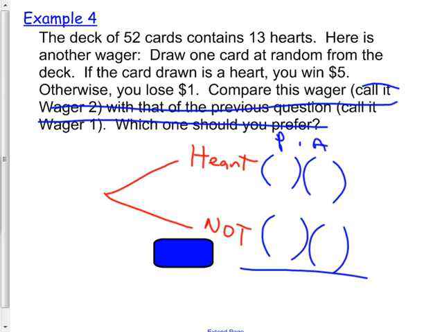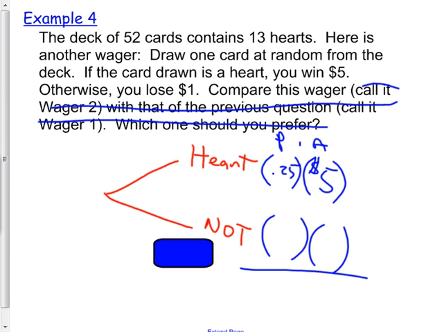Okay, probability times the amount, and then add them all up. Probability, 13 out of 52. That's 25%. 25% chance of a heart? And if so, you're going to win $5.